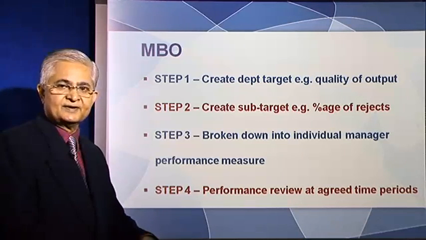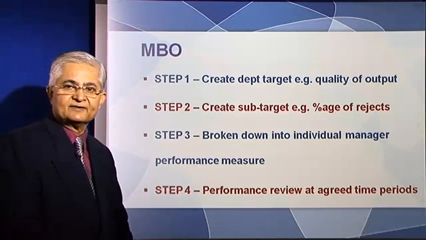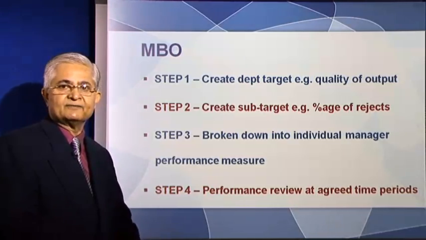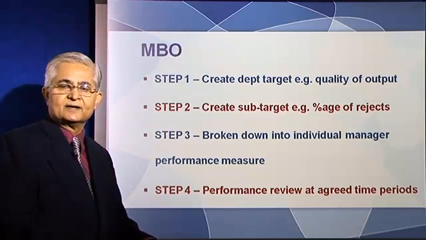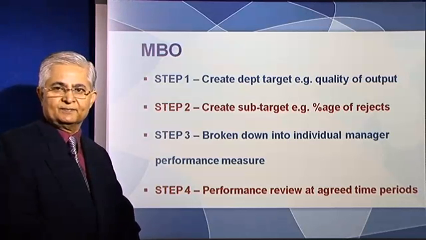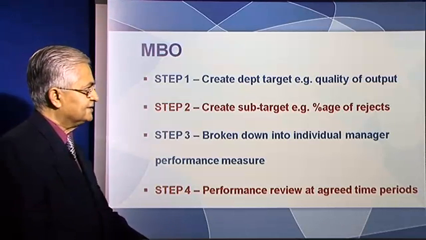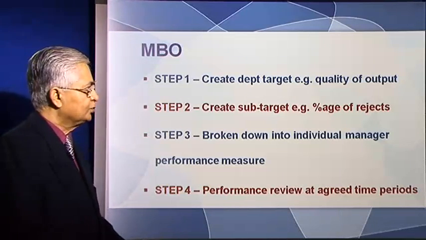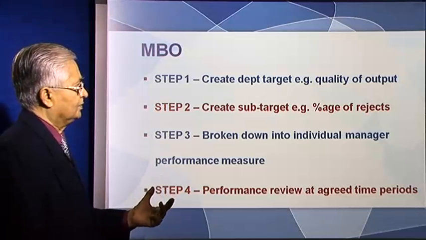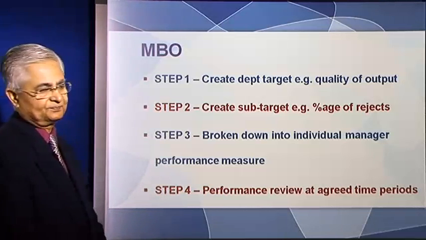There are different parts of the manufacturing process, different kinds of functions in manufacturing, so each one of these is represented by an individual. So performance measures for these different individuals must all coalesce into step two, which is reducing the percentage of rejects.